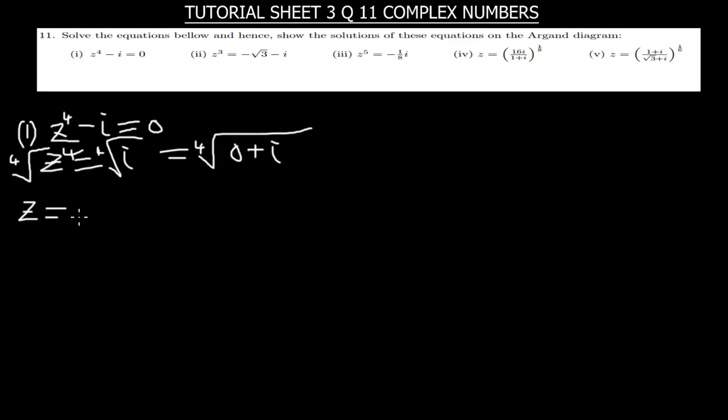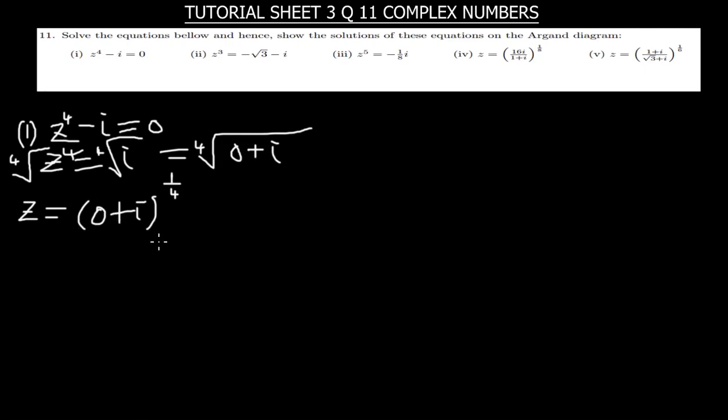So our z can also be written as, you open the brackets, 0 plus i, then this fourth root can also just be written as the power 1 over 4. So at least now, from this point, most of us can take it up. But I'll go further and I'll finish it up.